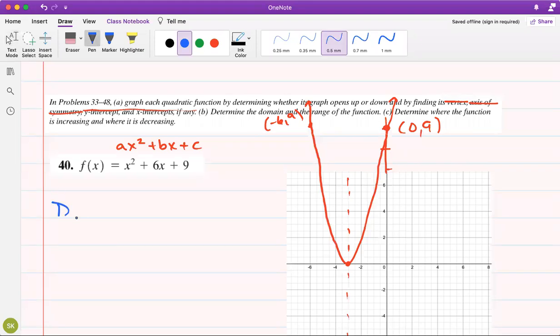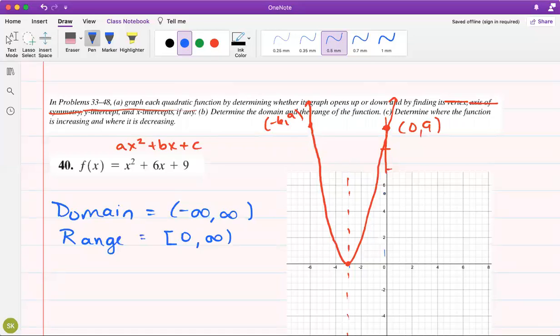That means the domain is all real numbers. And that's going to be true for all quadratics. The range is how up and down you go. Notice that in this graph, the lowest y value you have is 0, because that's where the vertex is. And we go up here. So we go from 0 to infinity.